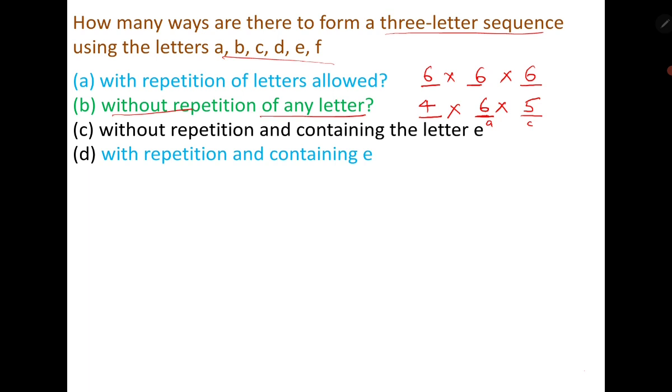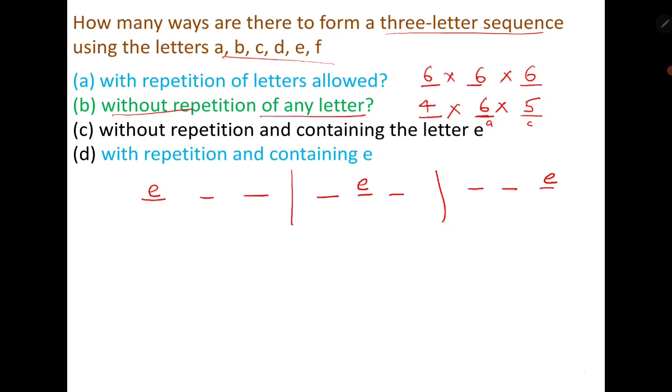Next, without repetition and containing the letter E. Try to solve it by yourself. Containing the letter E means that E can be at any of the three positions. Let's say it can be here, here, and here. So now there are three different cases, and when different cases are there, the addition principle comes into the picture.